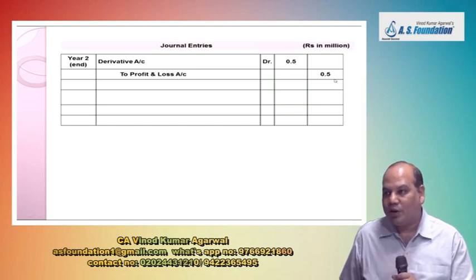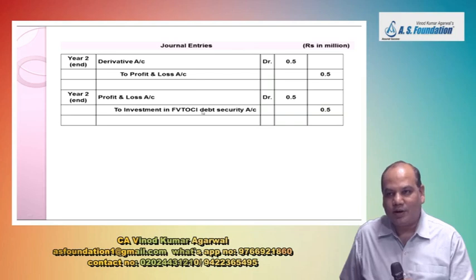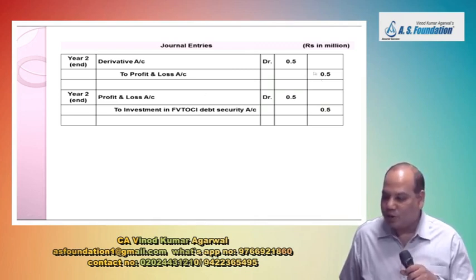Now here you have to be very careful. Even though it is an OCI instrument, it is a hedged item under hedge accounting rules, so the change in fair value will be transferred to P&L account, so that P&L account will have zero effect. 0.5 gain, 0.5 loss.